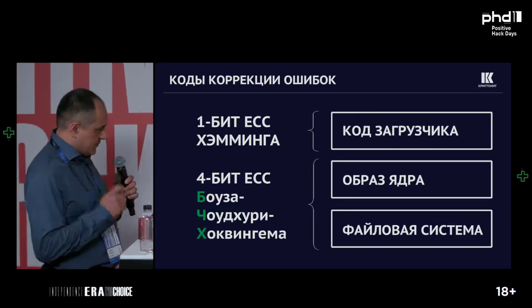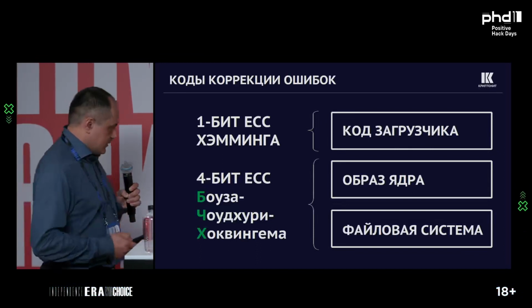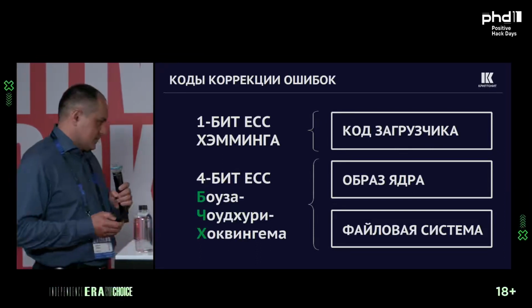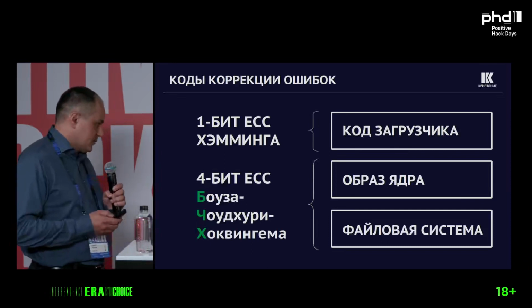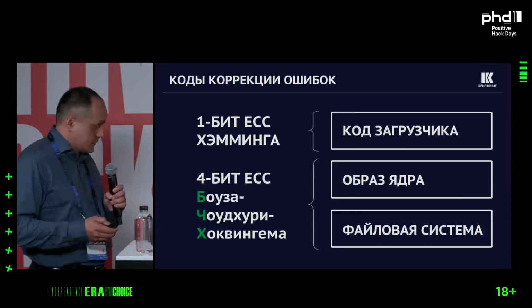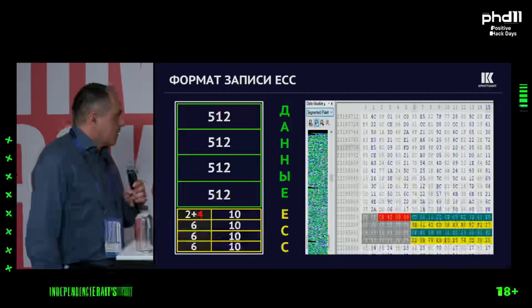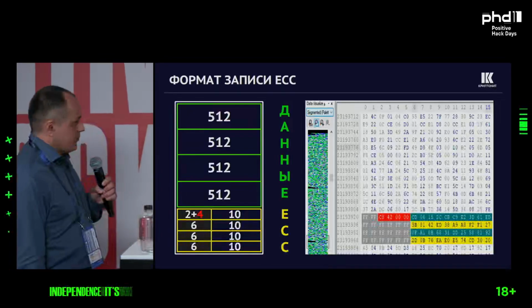Post-shouldery is used for all types of memory, the core and the file system. It uses the code to correct the mistake.